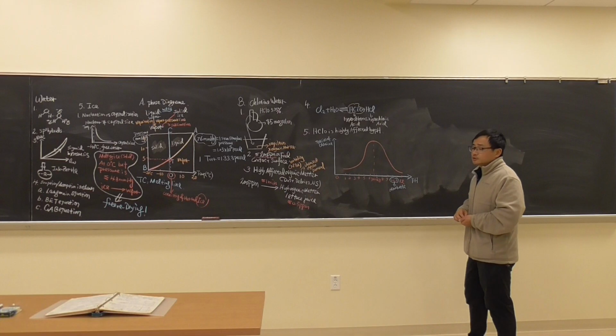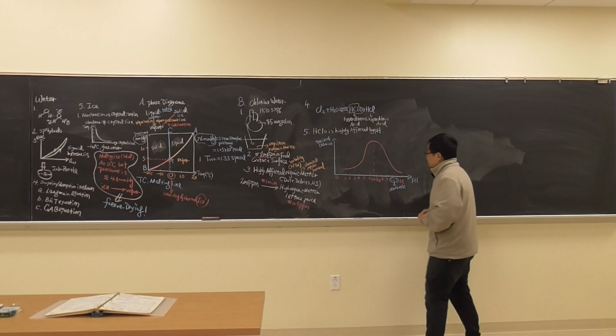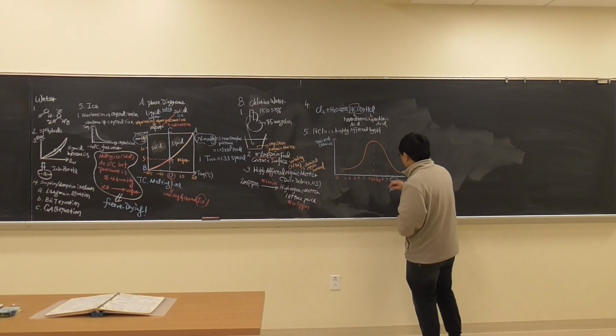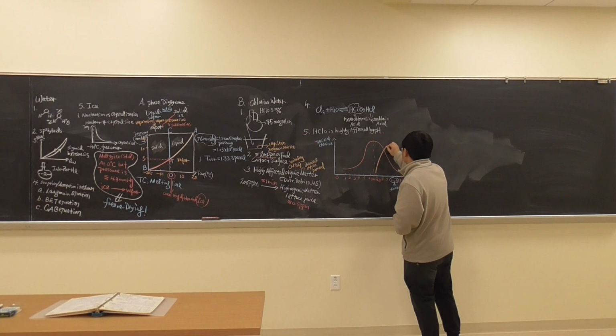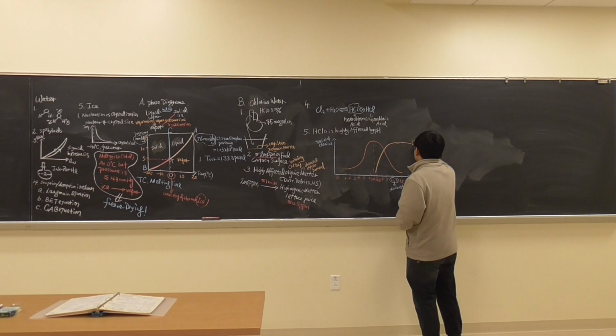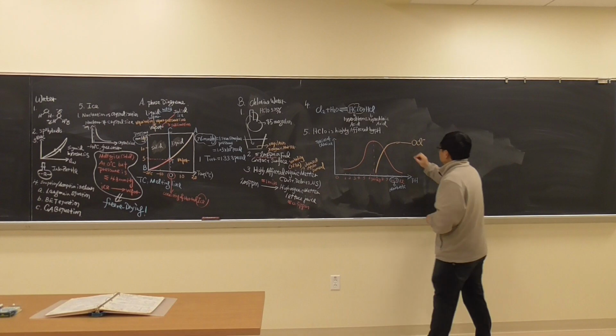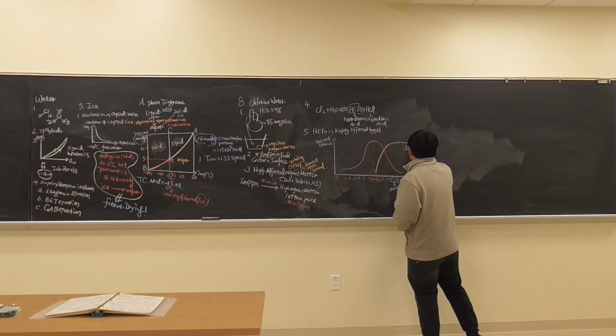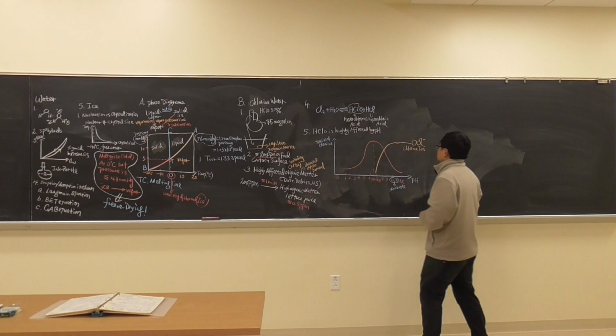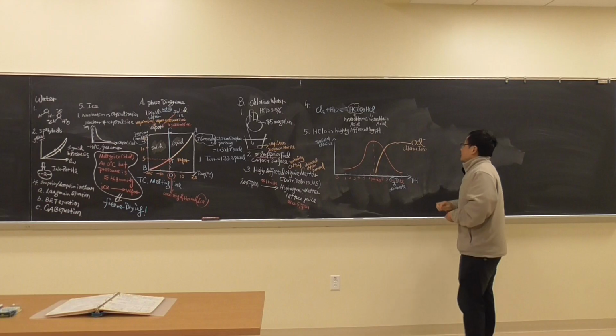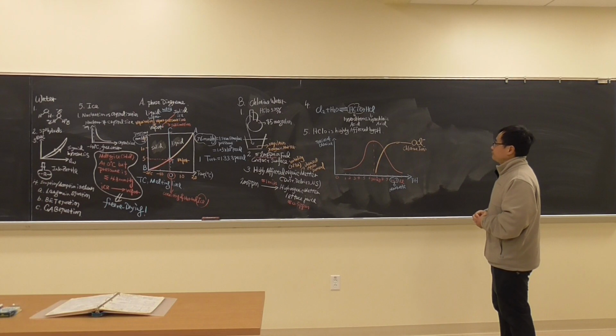At that moment, what is the dominant species of chlorine? The dominant species of chlorine is chlorine ions, which means it's not the most effective antimicrobial item.